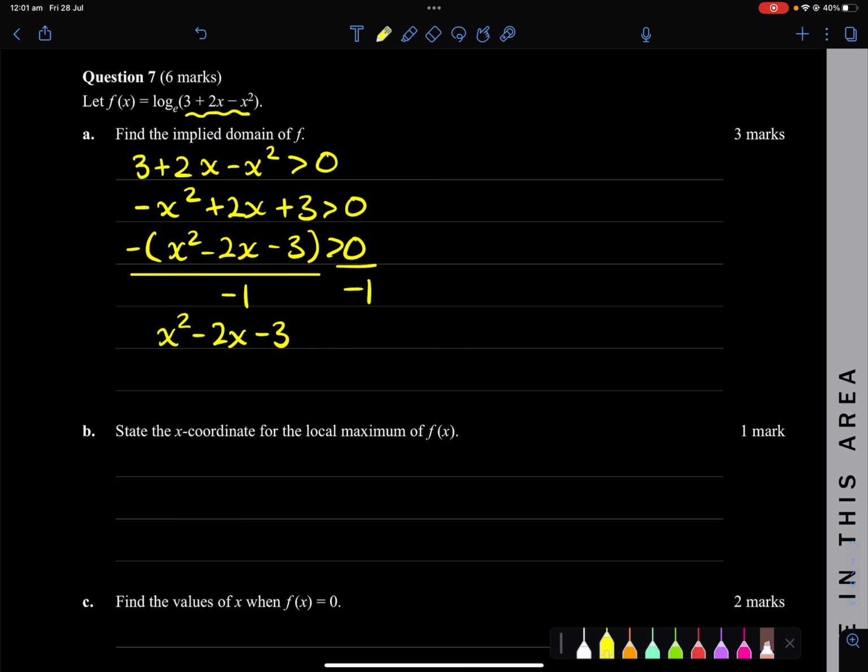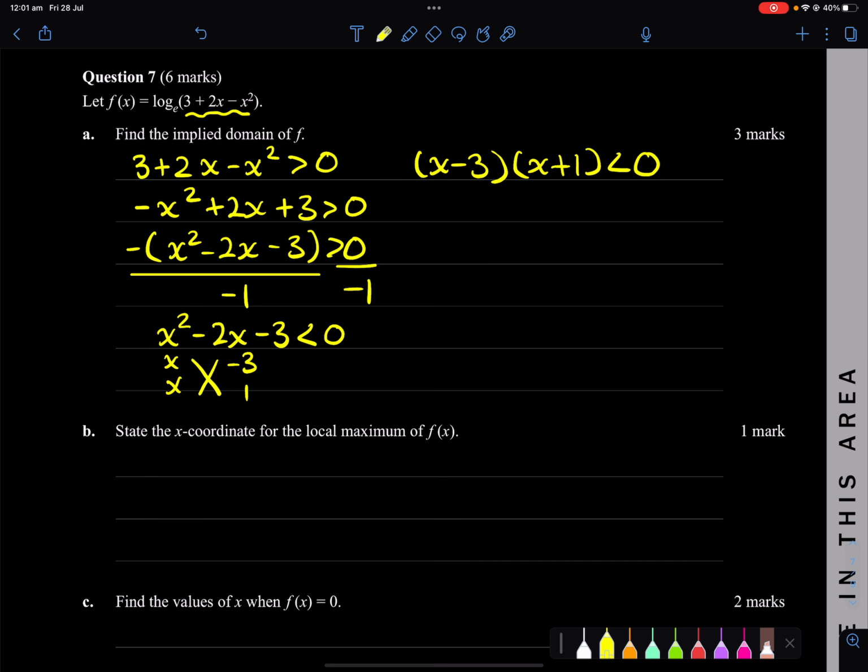The inequality sign actually changes, so it becomes opposite, less than 0. So if I'm going to factor this out, so it'll be 3, 1. So 1 minus 3 is negative 2. Perfect. So this will be x plus 1, x minus 3, yep, it's less than 0. That's what we want to find out.